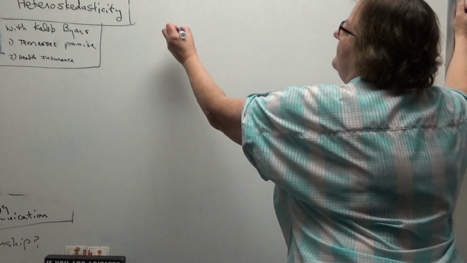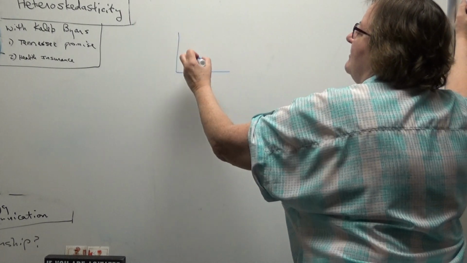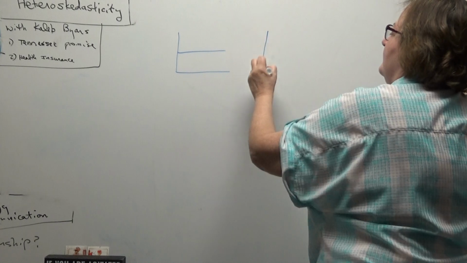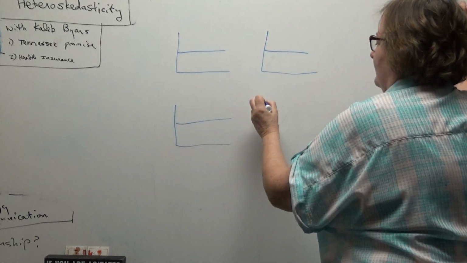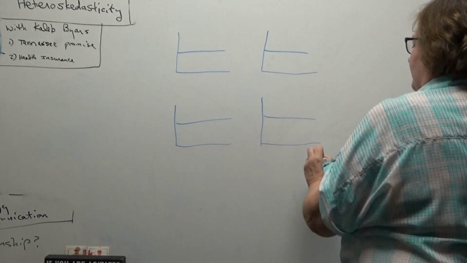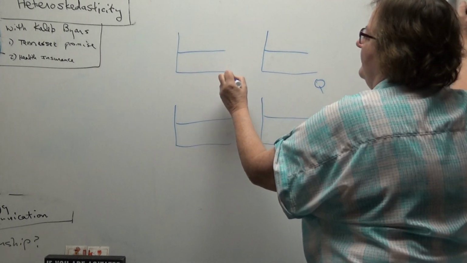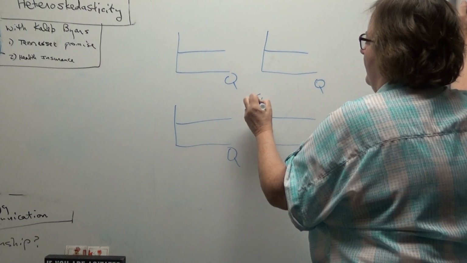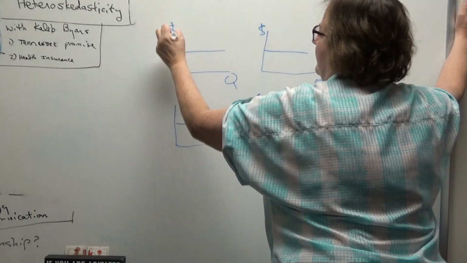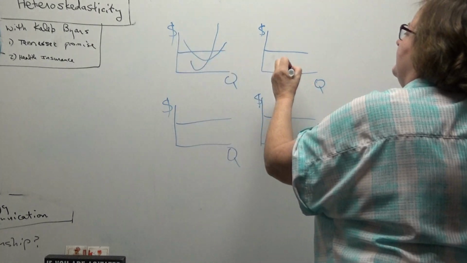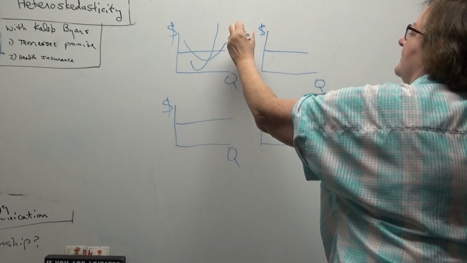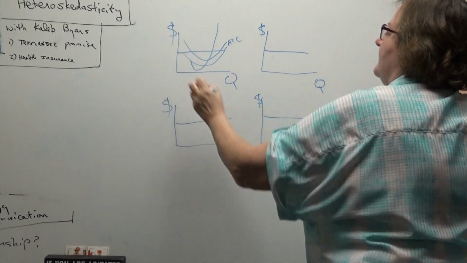So let me just ask you, if I drew some of these, and they're all quantity, quantity, quantity, quantity, dollar, dollar, and some of them are like this, with your average total cost here, average variable cost there.